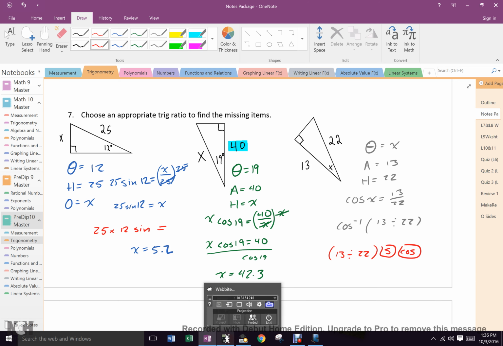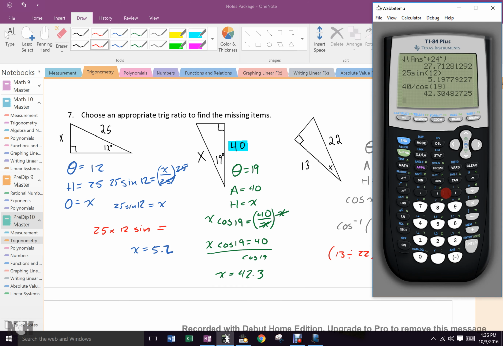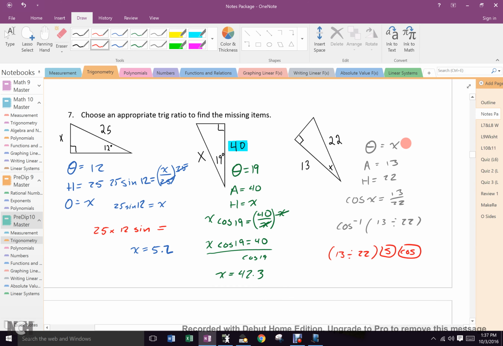So everybody should have done that, and you will get 54 degrees, because we don't measure degrees in decimals. So x equaled 54 degrees. Is everybody good? Now, please, please, please understand.